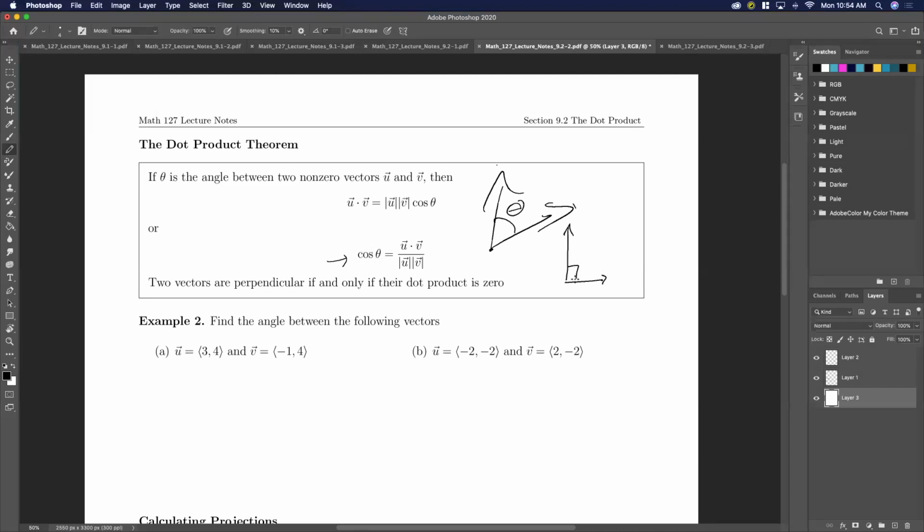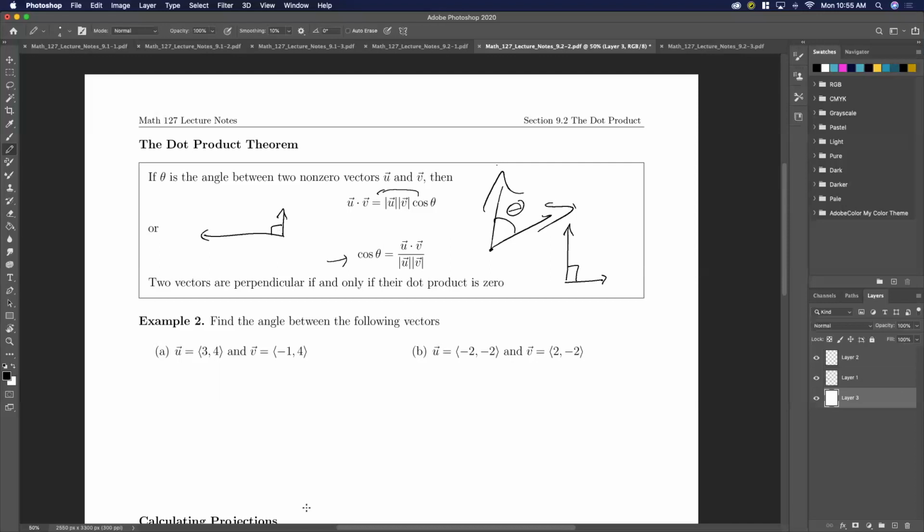And I know this to be a right angle, but can I reverse engineer what u and v were? The answer is not quite, because I can spin it around, and it still equals the same. So you can't really reverse engineer back to what this was.